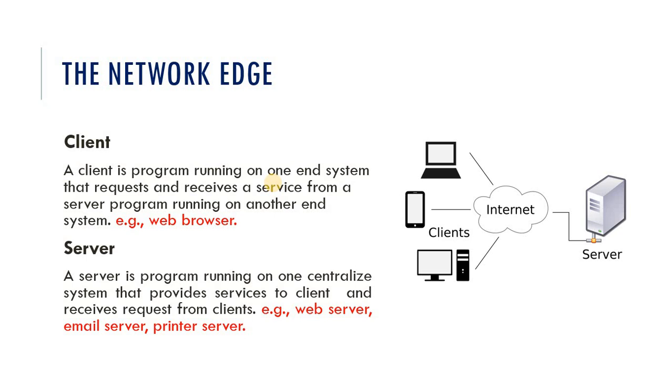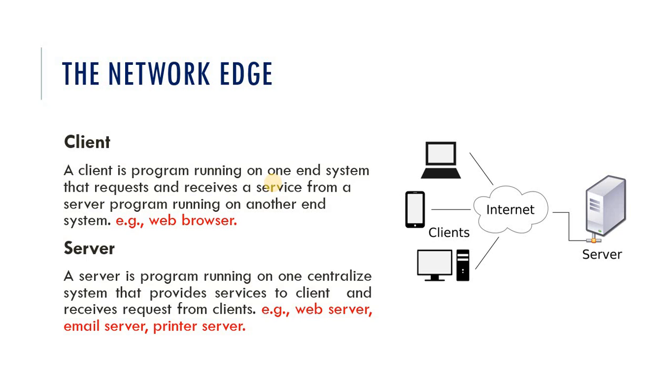I use Google Chrome to search on Google. With the help of the client, we request something from the server. We request information about current trends, and the request goes to the server. The server processes your request and sends back a reply. So that is the client.